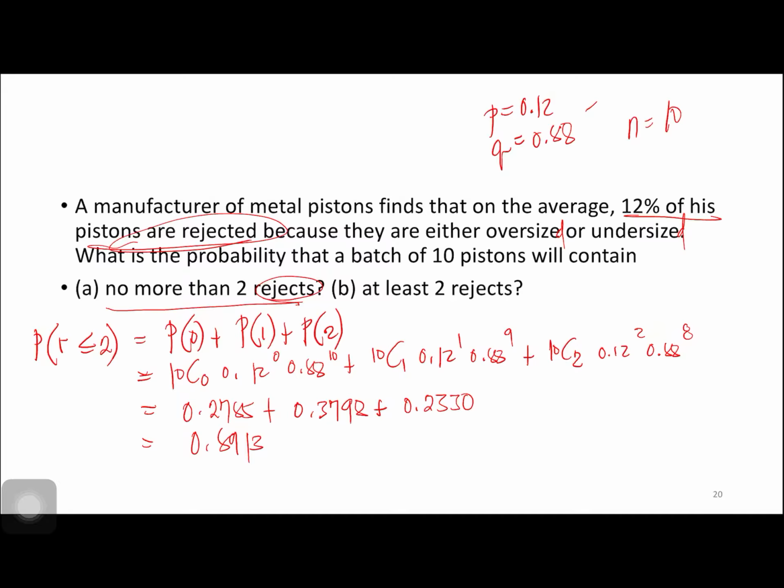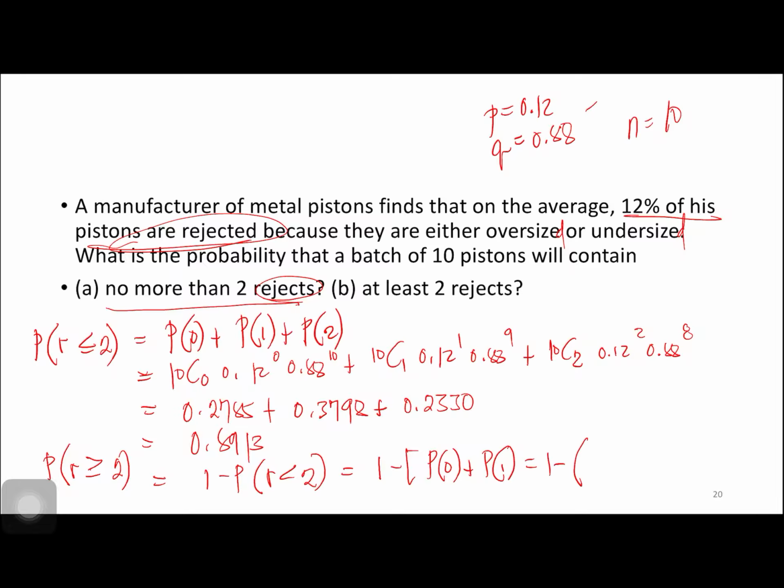We have there 0.8913. Okay? Then, for P of R greater than or equal to 2, that will be 1 minus the probability of R less than 2. That is equal to 1 minus P of 0 plus P of 1.